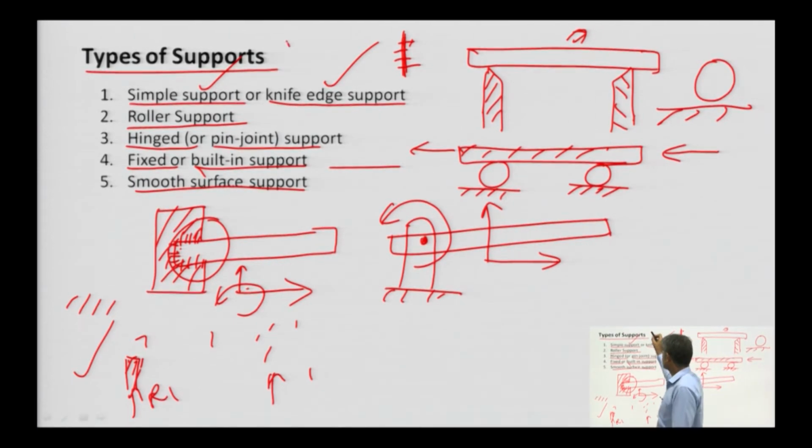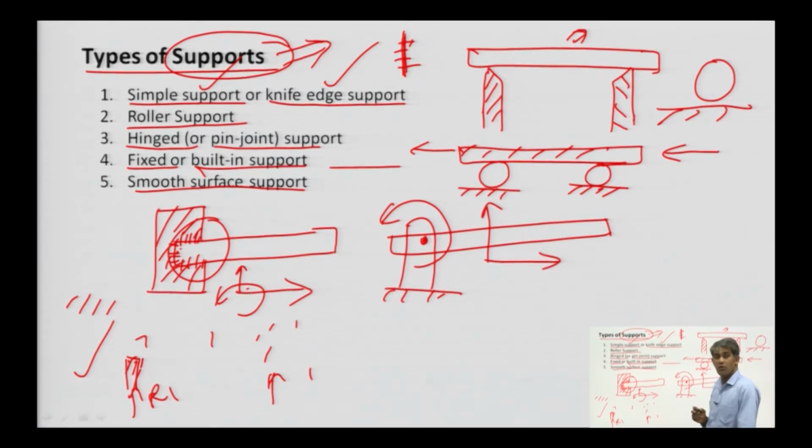So finally, what is the purpose of the support? The purpose of the support is to restrict degrees of freedom. In simple support, or knife edge support, only vertical movement is restricted.